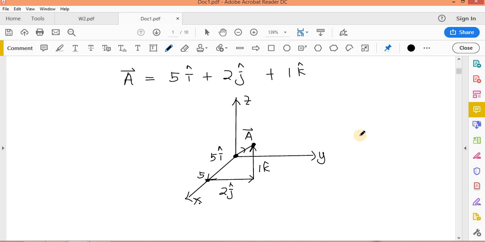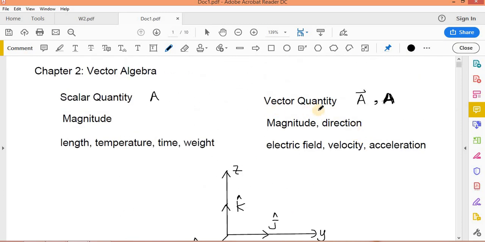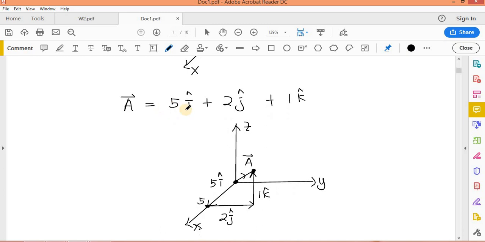So just now we mentioned that a vector quantity has direction, right? And it also has its magnitude. Now we only know the magnitude in each of the directions. We have to find the total magnitude, one value to represent the magnitude, the length of this line.